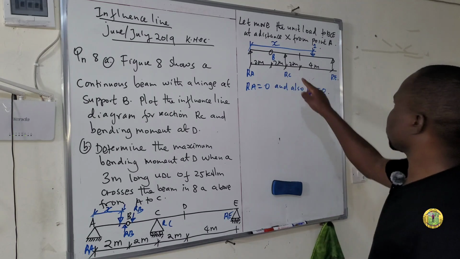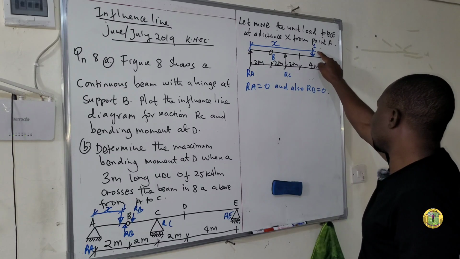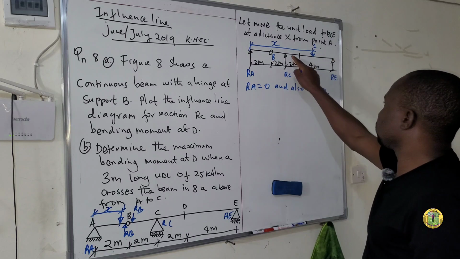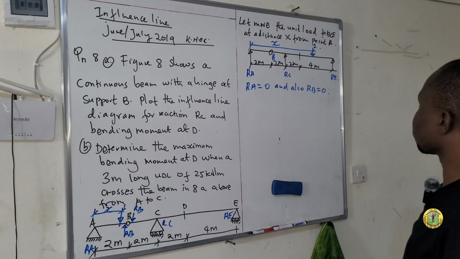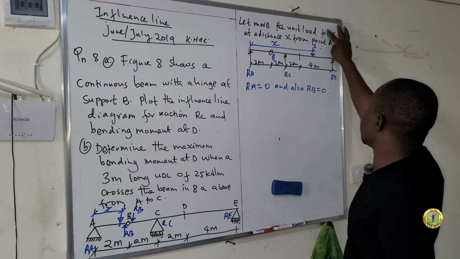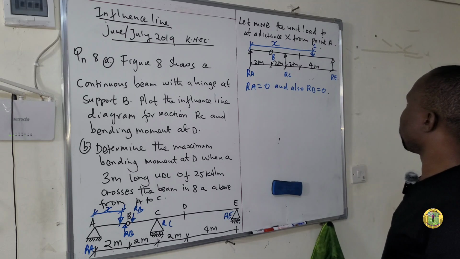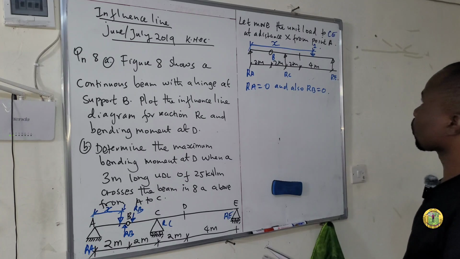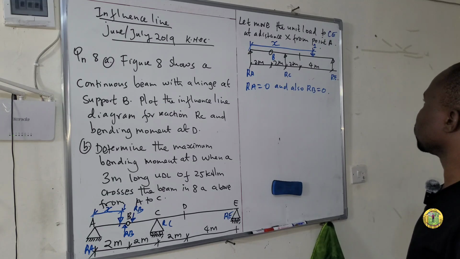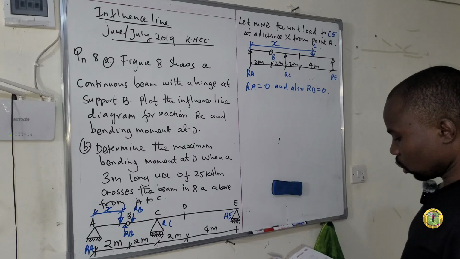So we are now supposed to calculate the reaction at C, RC, and the reaction at E when the load is at CE. Let me move the unit load to CE at a distance X from point A. So RA is equal to 0, and RB is equal to 0.